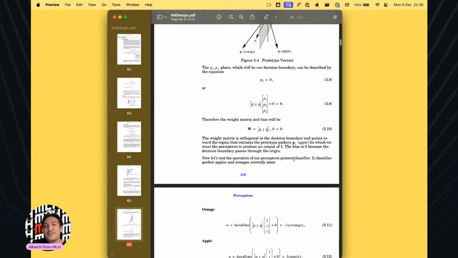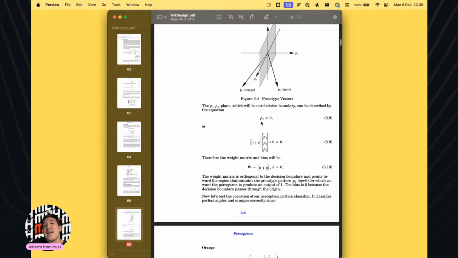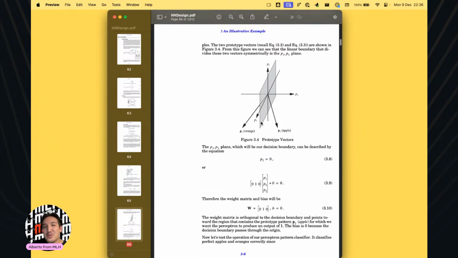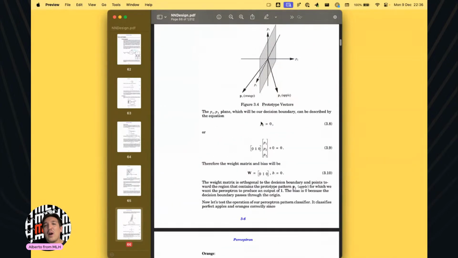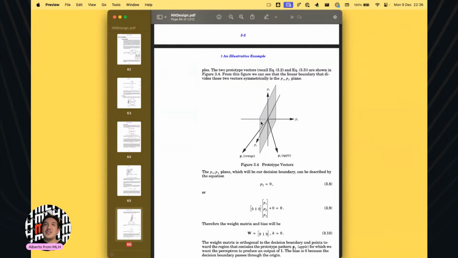That's how we designed it. If this is the plane, the weight matrix points towards the apple vector, but it doesn't matter actually. It's just by our design.